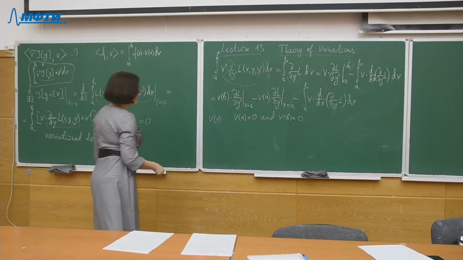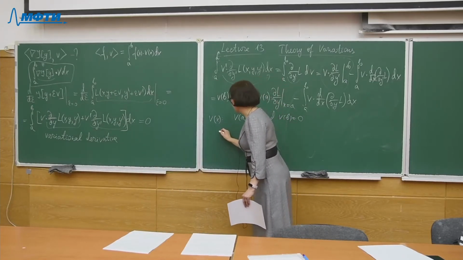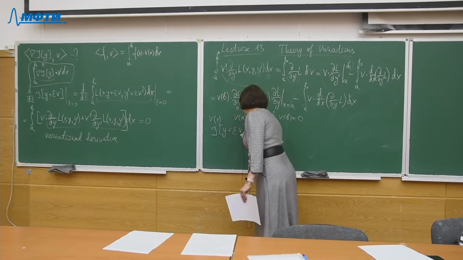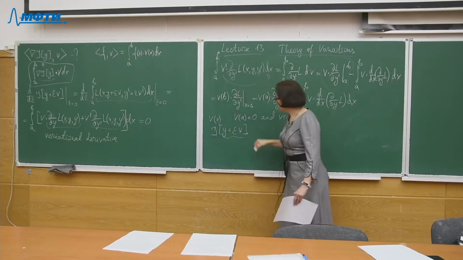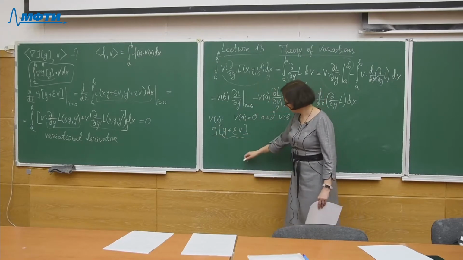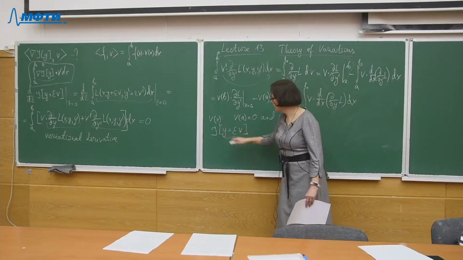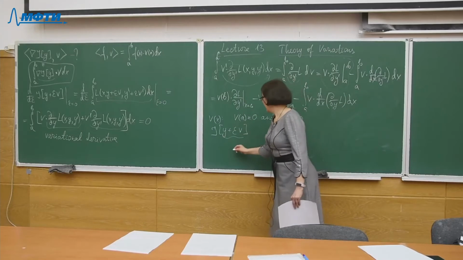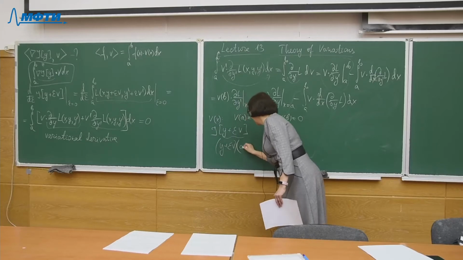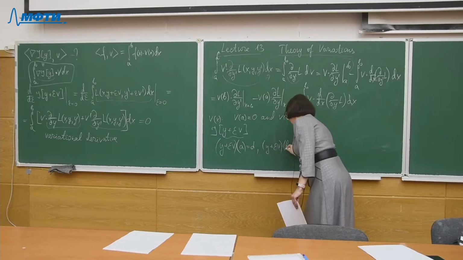This is because we consider the functional g of y plus epsilon v, and by definition of the functional g, the arguments must be functions such that y plus epsilon v of a is alpha and y plus epsilon v of b is beta.